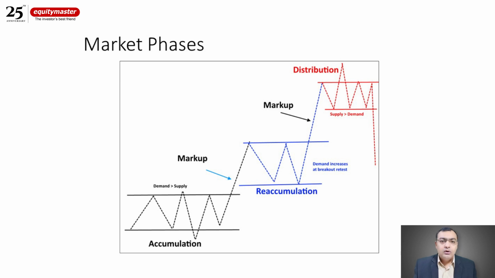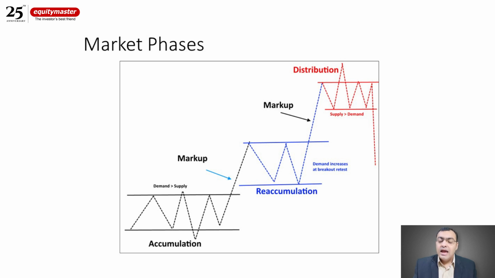There is no buzz about this stock. No one has heard the name. Sometimes it might happen that the stock has a big brand name, listing has happened, and the stock has done nothing. Slow and steady accumulation happens by smart investors, by FIIs, by DIIs, but still retailers don't get attracted to it.